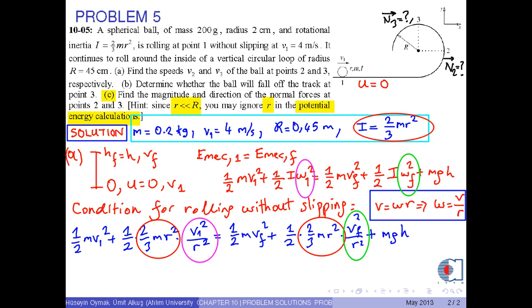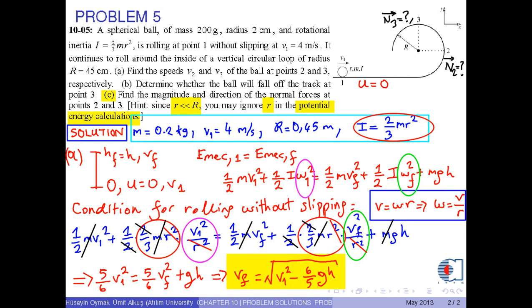After the necessary cancellations, we obtain 5 over 6 v1 squared equals 5 over 6 vf squared plus g times h. Here, since we are interested in final speed, then v final equals square root of v1 squared minus 6 over 5 g times h.